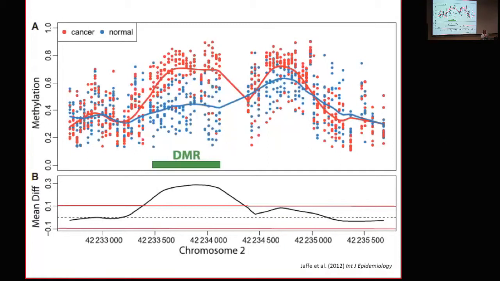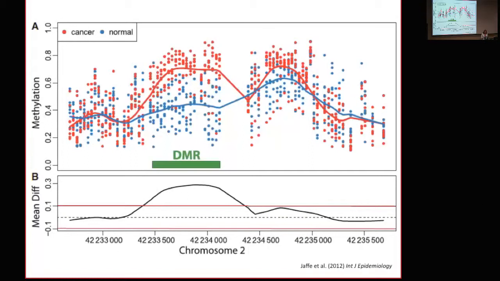So instead of comparing individual sites and performing hypothesis testing at each individual site independently, you could consider the entire region of the genome and try to find what are called differentially methylated regions as opposed to differentially methylated CpGs.